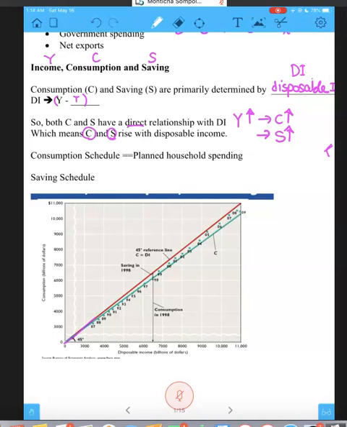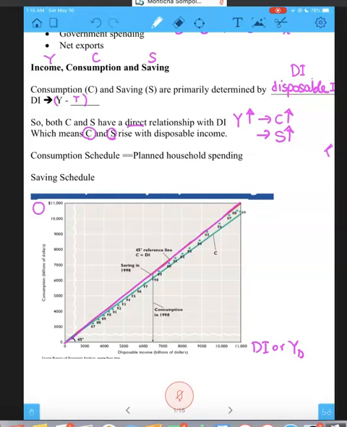The red line here is a 45-degree line, which represents when the two variables equal each other. So the variable on this horizontal axis is the disposable income, Y minus T. Sometimes I just call this DI, or your book might call this YD, disposable income.